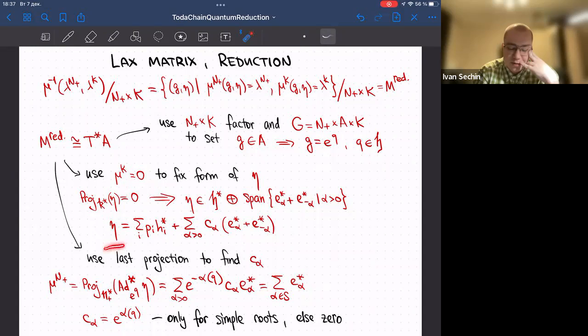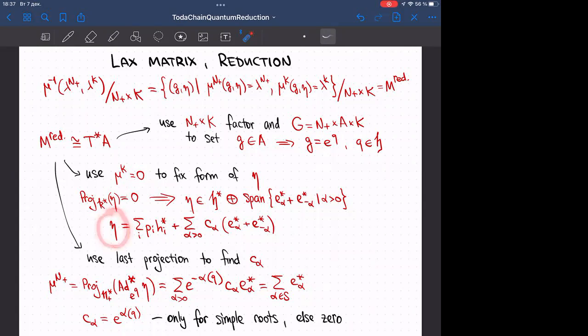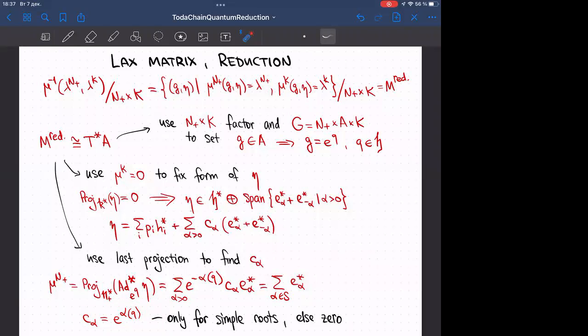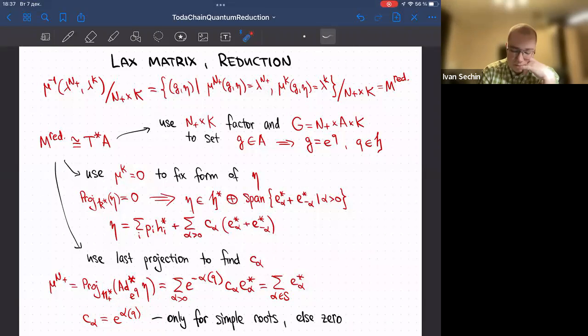And maybe a question for me, and we obtain here eta. What is eta? Why is it good to get such C alphas? Because it looks like a tridiagonal matrix. Yes, like we want to.